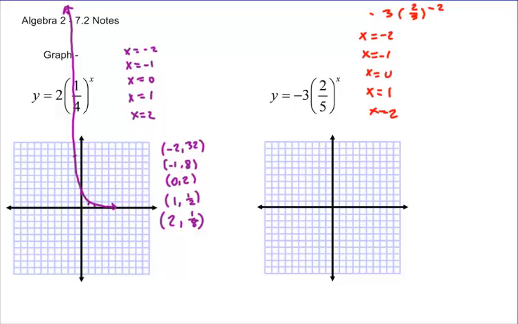And when you do this, you're going to flip the 2/5. So you're going to have -3 times 5 squared over 2 squared, which is 25 over 4. So -75 over 4 is one of my points.